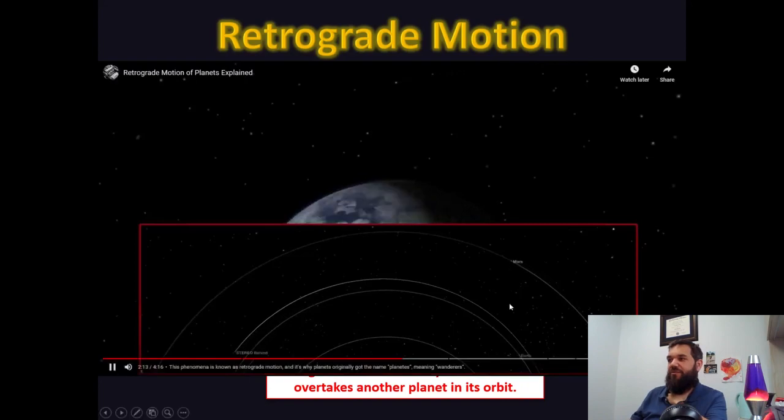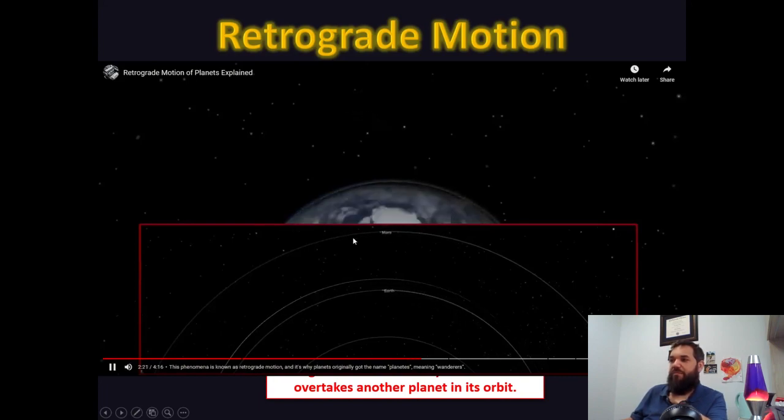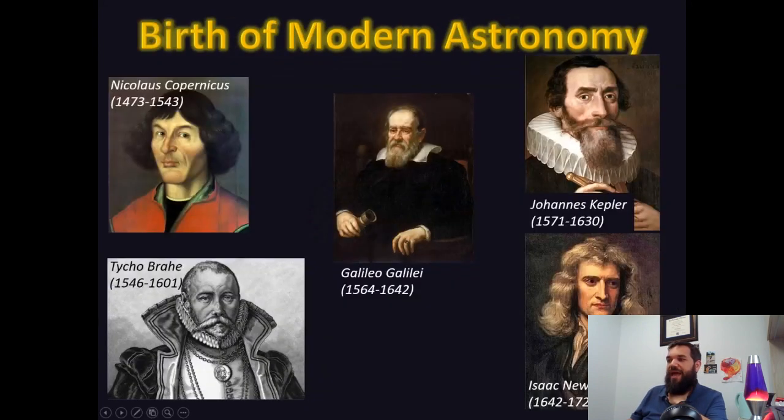So you can see here's Mars right here. Hopefully you can see that. Here's the Earth. And as the Earth catches up with Mars in its orbit, Mars will appear to reverse its direction. So that's what is actually happening with retrograde motion, and it's explained perfectly by heliocentrism.